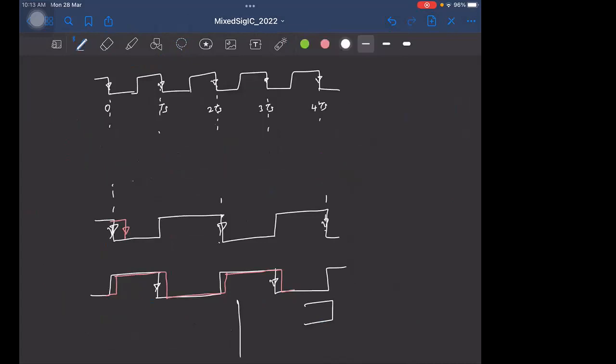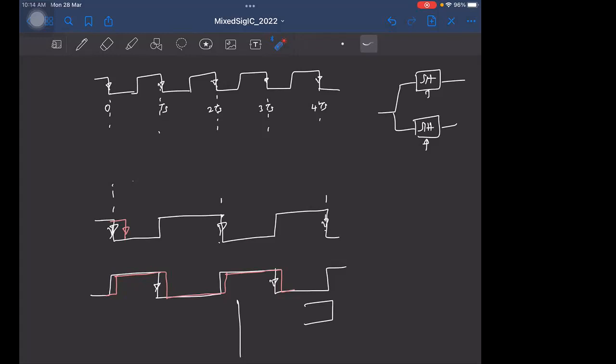So if you have to interleave the sample and hold also, let me draw that here. Two sample and holds, right? We need to generate the clocks for these two sample and holds. And it is possible that in the process of generating these two clocks, we can have this offset error, that is this timing skew.